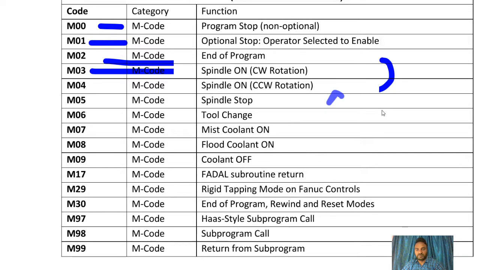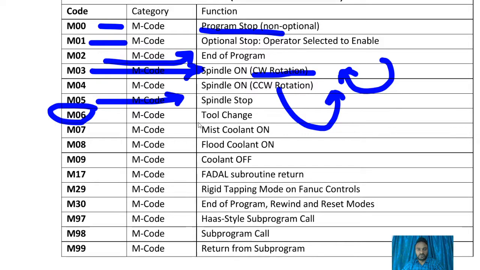M06, we need to use this command for the tool change. M07 is mist coolant on, mist coolant like fog type, where air and coolant are mixed and supplied in the form of mist. M08 is fluid coolant on, in fluid form like water or liquid state.